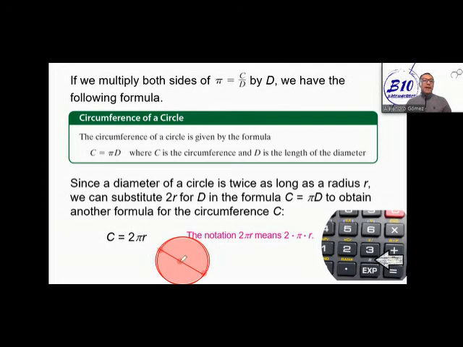If you get a line which doesn't go by the center, it's just an arc. Oh no, it's not an arc. I mean, it is a chord, right? And we don't want to have a chord. I mean, we could have 1,000 chords, but what we care about is the diameter.